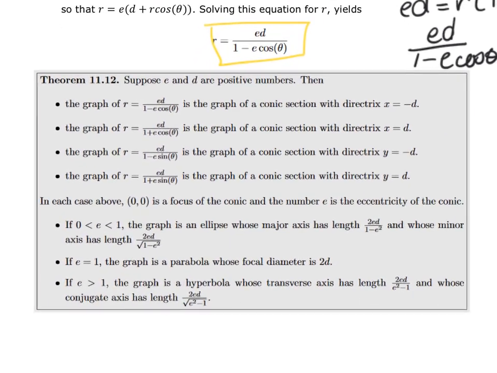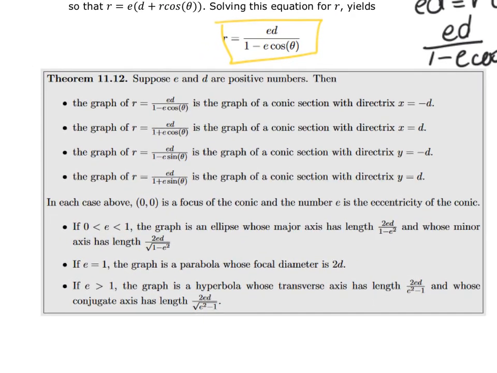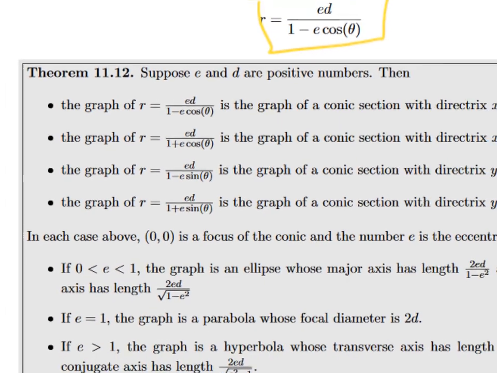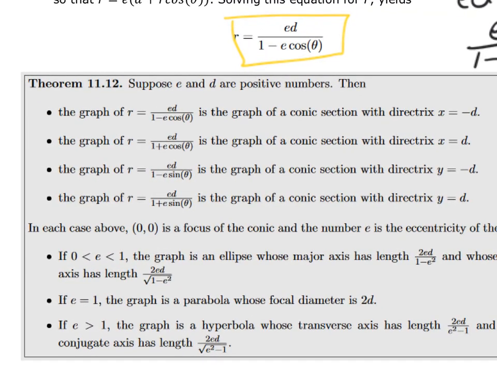So with these types of conics, which are on the polar axes, we're going to be looking specifically for sines and cosines. Notice that all of these equations have E cosine or E sine. If this is a minus, then our directrix is x is equal to negative d.